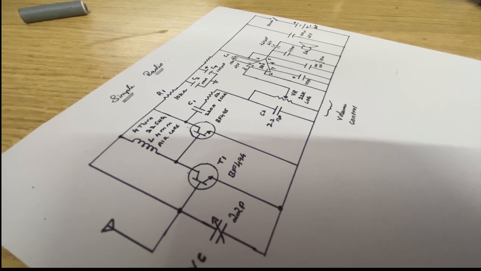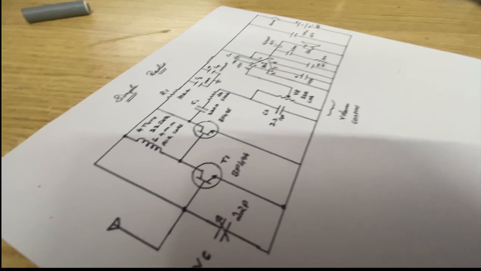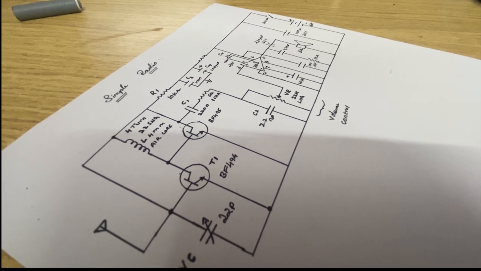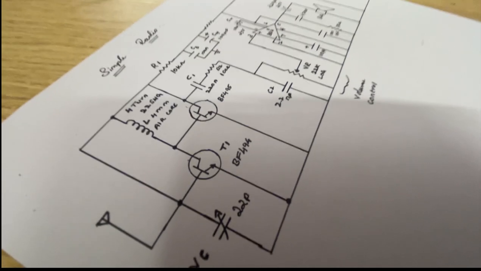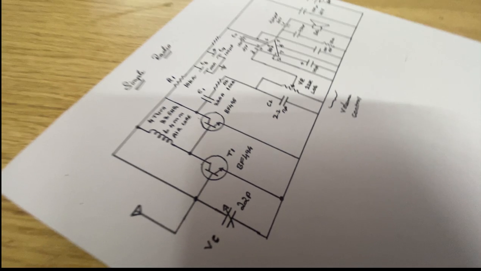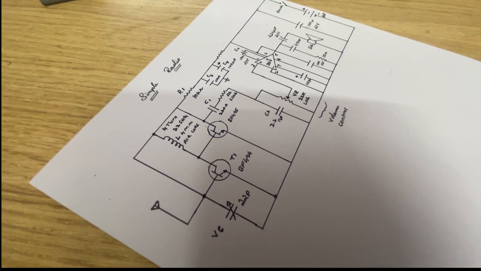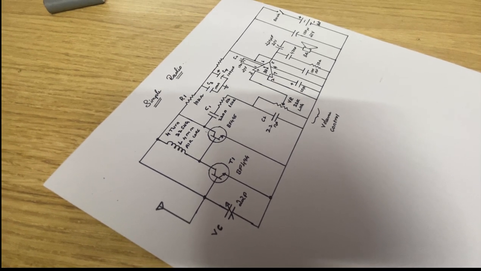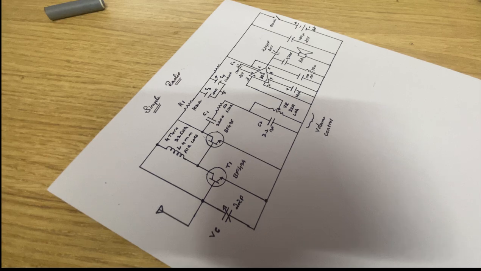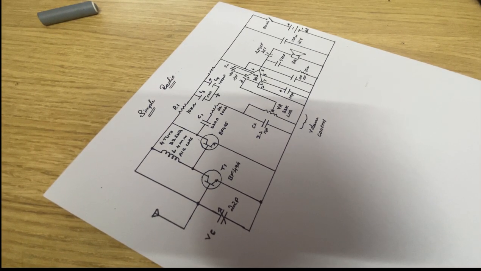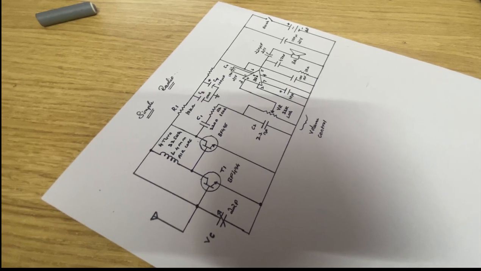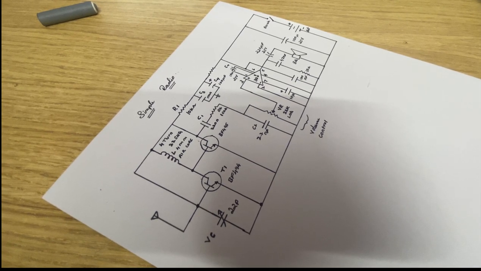The Colpitts oscillator acts as a detector in the circuit, and the signals which we got from the Colpitts oscillator will be fed to BF495 mid-range or radio frequency amplifier. At that point, the amplified output at BF495 terminal will be given to audio amplifier LM386.